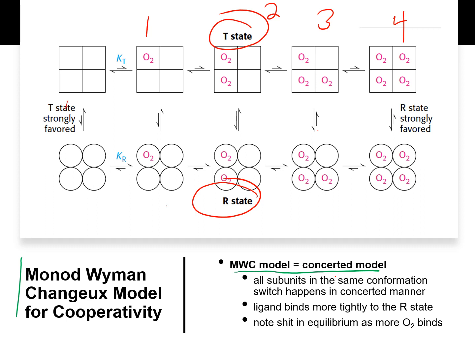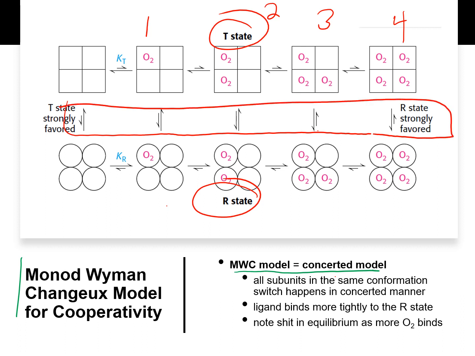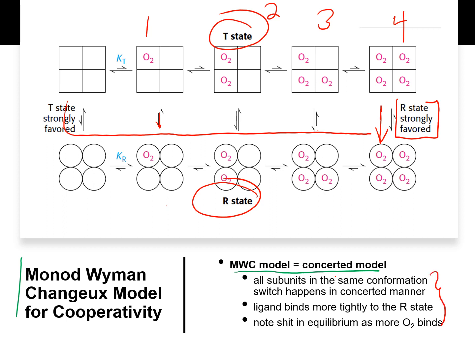Notice, if you evaluate these arrows, the R state is more strongly favored, courtesy of equilibrium considerations, when we have more oxygen bound, versus 1 oxygen bound, which only mildly favors the R state. So this is the concerted model, and you should indeed note the shift in equilibrium as more O2 binds.